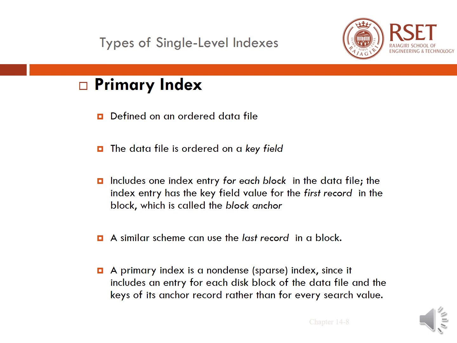The index entry has the key field value for the first record in the block, which is called the block anchor. That is, the first entry is pointed to, and the same applies up to the last record. Primary index is normally a sparse index, because for each block I have one index entry.